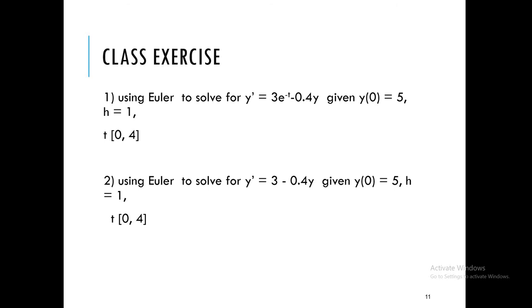Question 2: y prime equals 3 minus 0.4y, given y at 0 equals 5, step size is 1, and the interval is defined over 0 to 4. Solve it and then get back to me with any questions and I will address them for you.